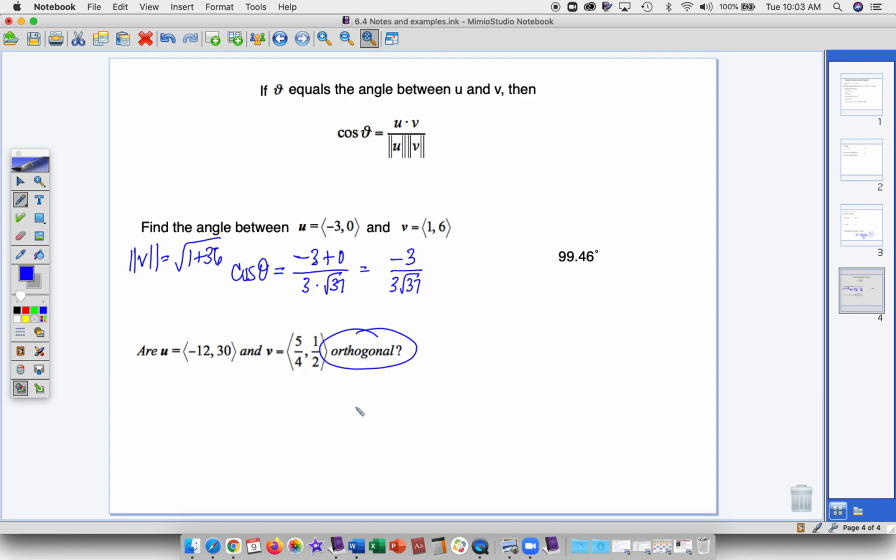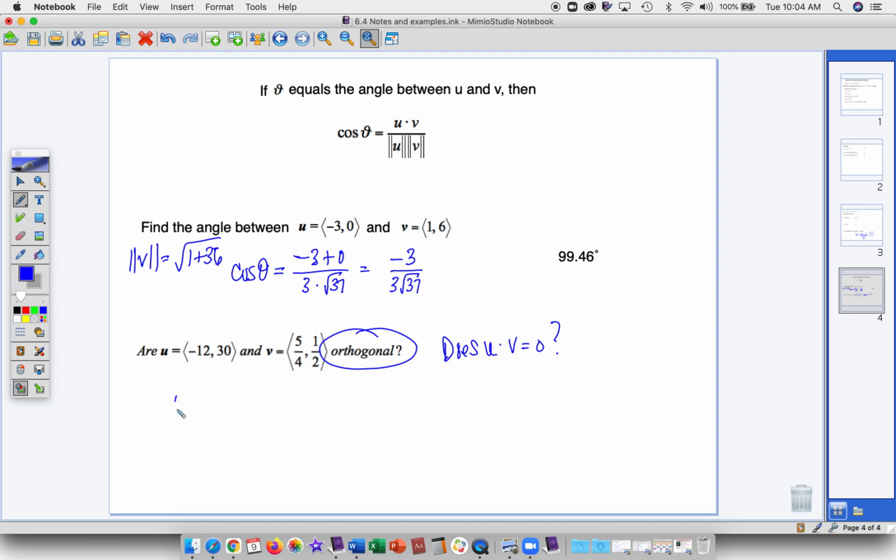Hopefully you said 90, right? What's the cosine of 90? 0, right? So basically what we need is for the dot product to equal 0. So you're being asked, does u dot v equal 0?